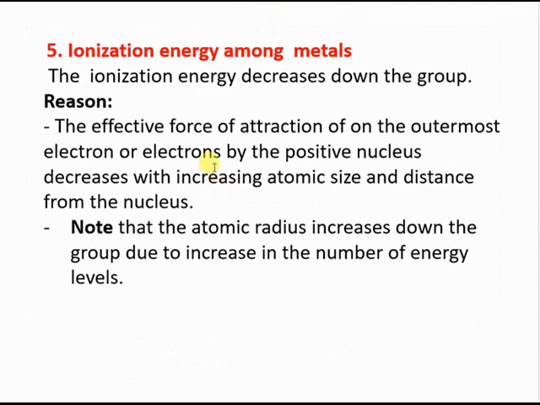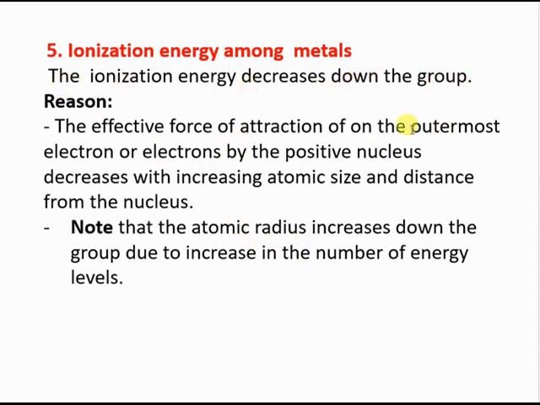Remember what is ionization energy. We defined it earlier, but I would like to remind you: ionization energy is the amount of energy required to remove an electron from the outermost energy level of an element in a gaseous state. Therefore, ionization energy decreases down the group.